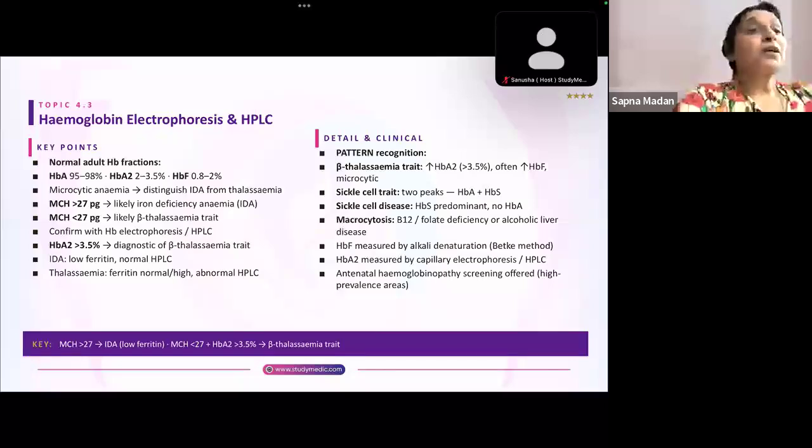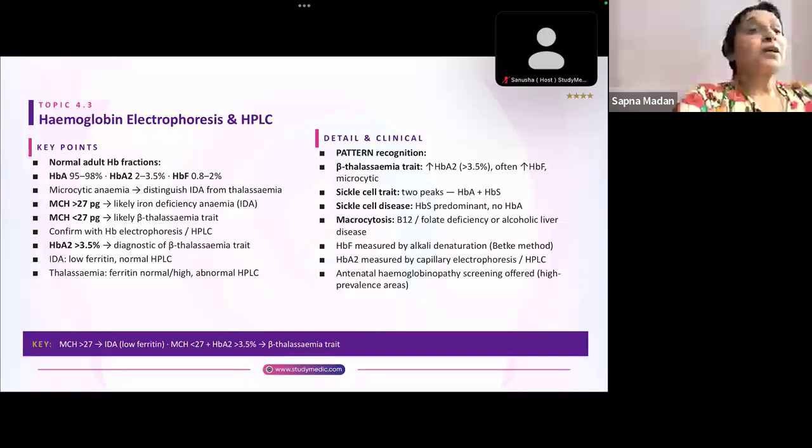So normal adult hemoglobin fractions, as we know, are HbA, which is the maximum, 95 to 98%. HbA2 is 2 to 3.5%, and the fetal hemoglobin is around 0.8 to 2% in a normal adult human being. So if there is microcytic anemia, then we are supposed to distinguish iron deficiency anemia and thalassemia.